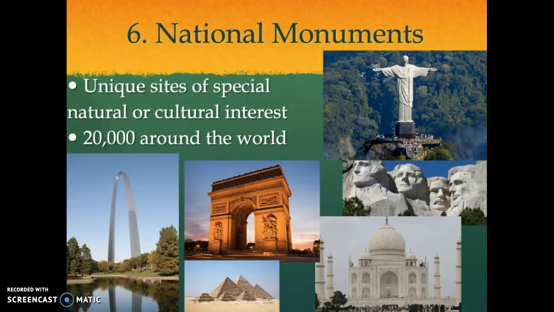We also have another type of public land, which would be national monuments. So these are amazing things that people have built of cultural interest. So in this image we see Christ the Redeemer, Mount Rushmore, the Taj Mahal, the Champs-Élysées, well, I guess it's called the Arc de Triomphe, and the pyramids.